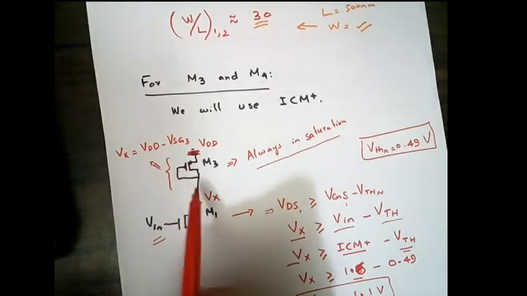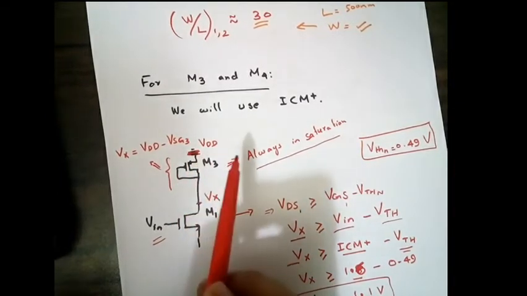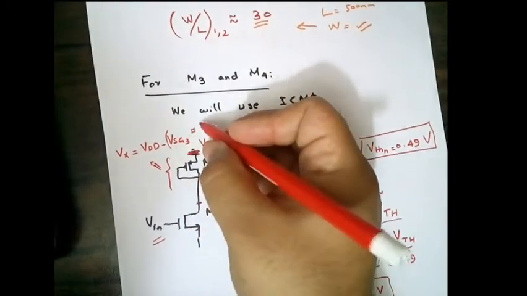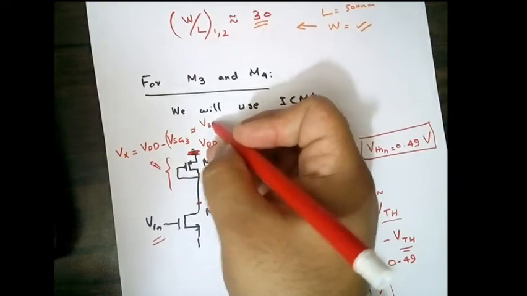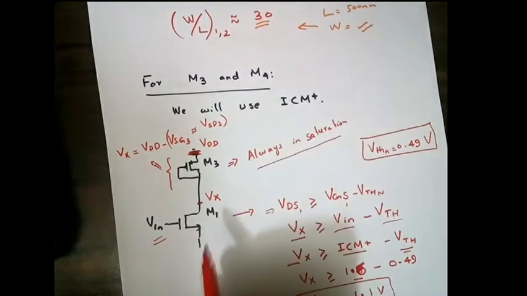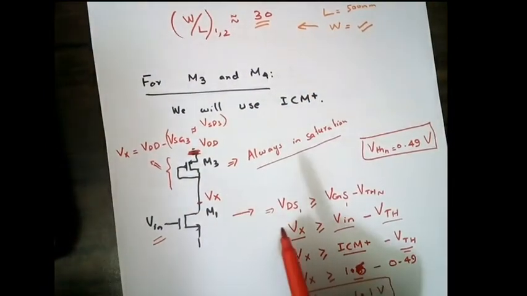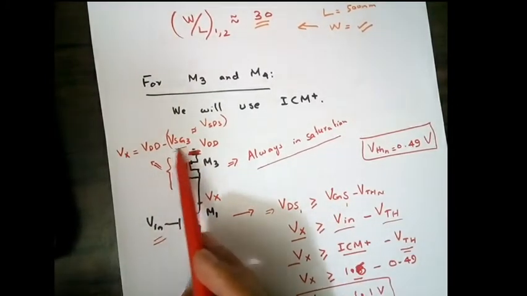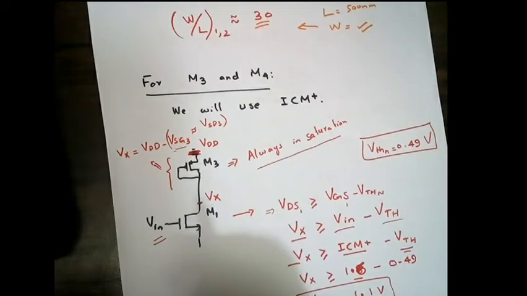Because gate and drain are connected, so VSG3 will be equal to VSD3. So VDD minus VSD3 will again be equal to Vx, and that's what we want. So we can safely find the value of VSG3. If we can find the value of VSG3, we know the current, we know mu and Cox, we can safely find the width and length of M3.